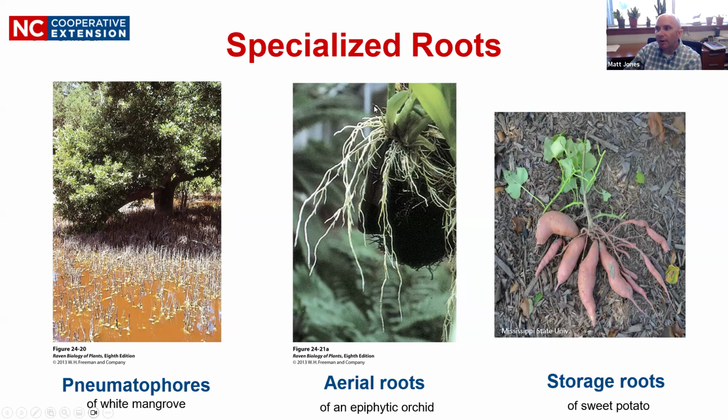Epiphytic orchids have modified aerial roots that can absorb water from the atmosphere. And things like sweet potato have modified storage roots. These are not tubers like you would see in a white potato. Instead, these are swollen roots that are for storing starches.